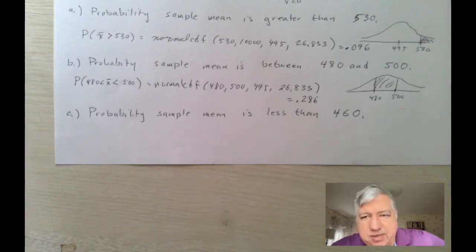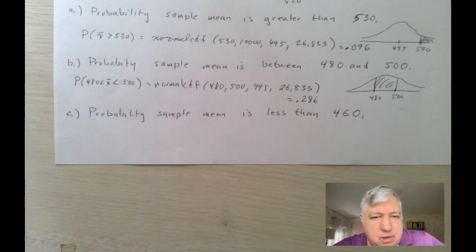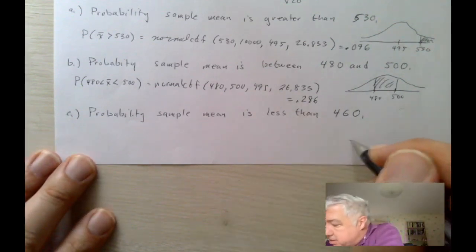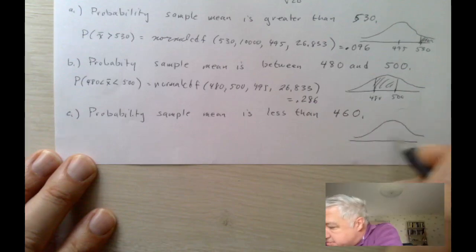Your pictures will not necessarily be drawn to scale, but that's okay. What is the probability that the sample mean is less than 460? Well, that'll be this situation.